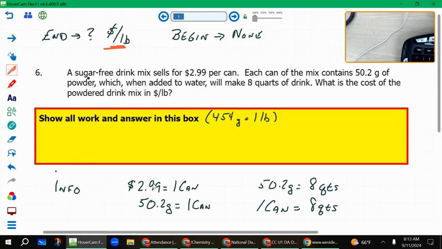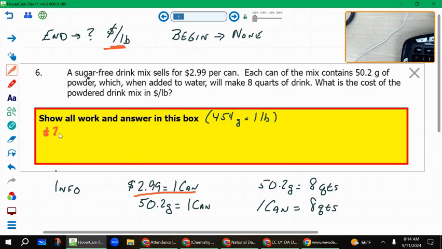I am going to begin with $2.99 over 1 can, because $2.99 is the cost of 1 can. You may be asking why I began with that. The reason is simple: I at least have the unit of dollars in the right place to begin with.